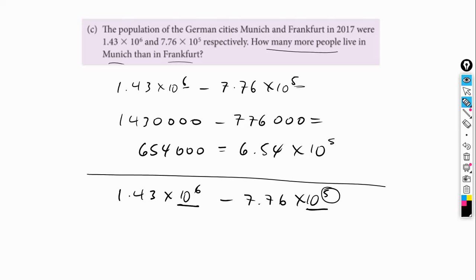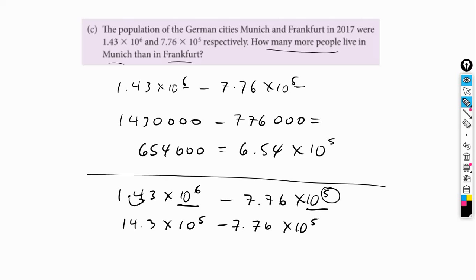So notice that this means move the decimal point 6 places to the right. So if I move it 1 place to the right, I would have left still 5 places to move it to the right. So if I could write this as 14.3 times 10 to the 5 minus 7.76 times 10 to the 5.